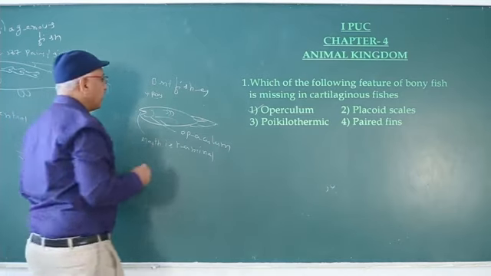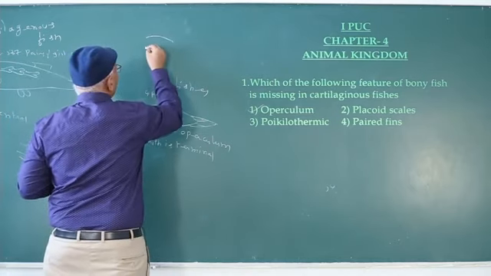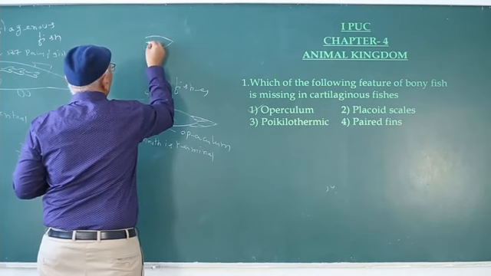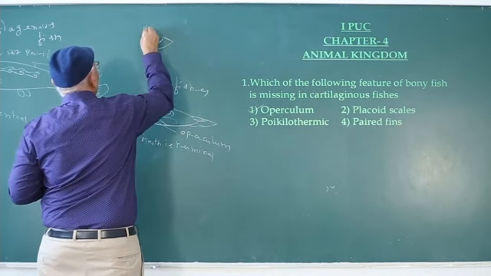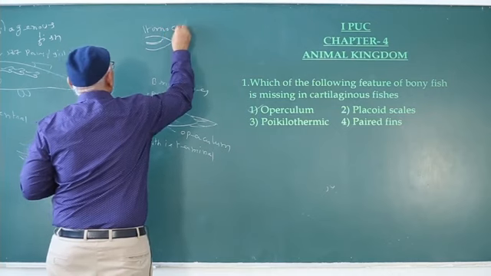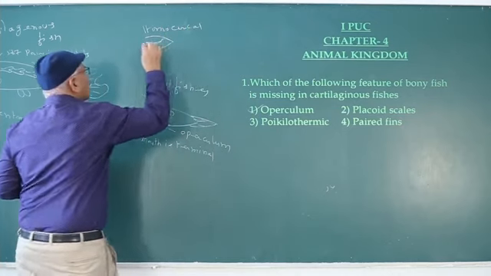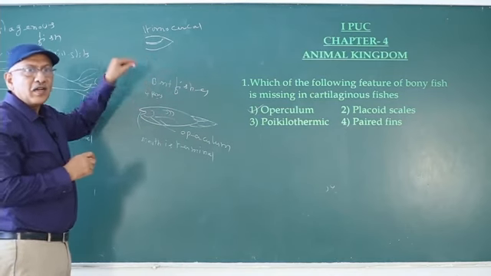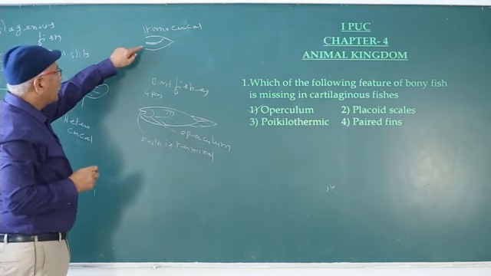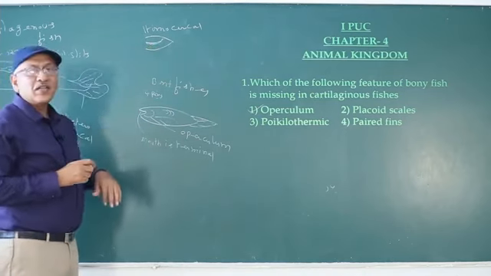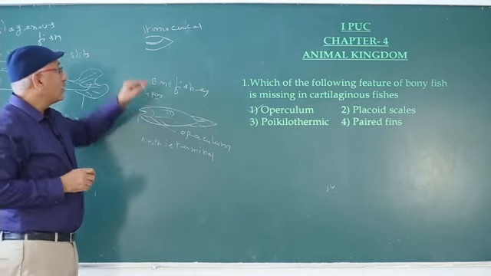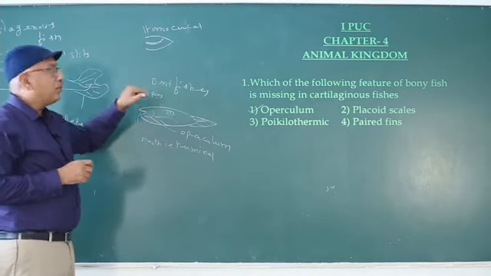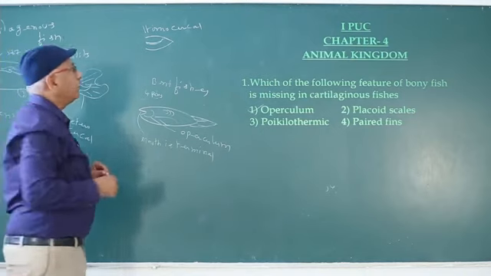In case of bony fishes, caudal fin is homocercal. Homocercal means the two lobes of caudal fin are externally equal, internally unequal. That's why the vertebral column extends into dorsal lobe. Means dorsal lobe is internally bigger than ventral lobe.